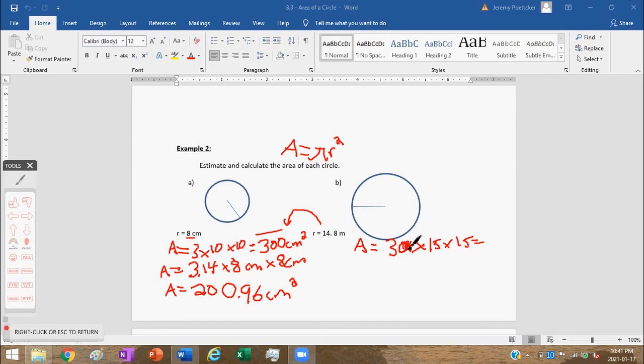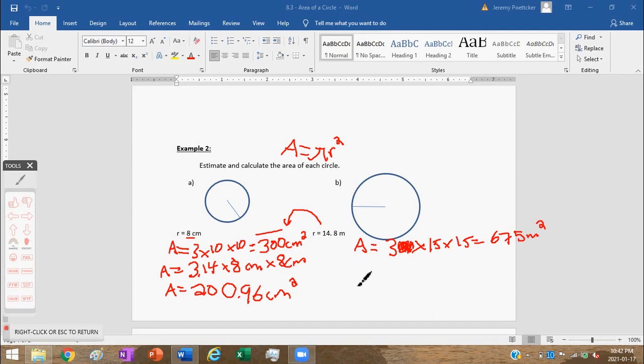My apologies. Scroll it up. There we go. And this should give us 675 meters squared. Right, so, or, 300 meters squared. This is going to actually be pretty close, right? Because I rounded 14.8 up. I rounded 3 down. It should be close to that.